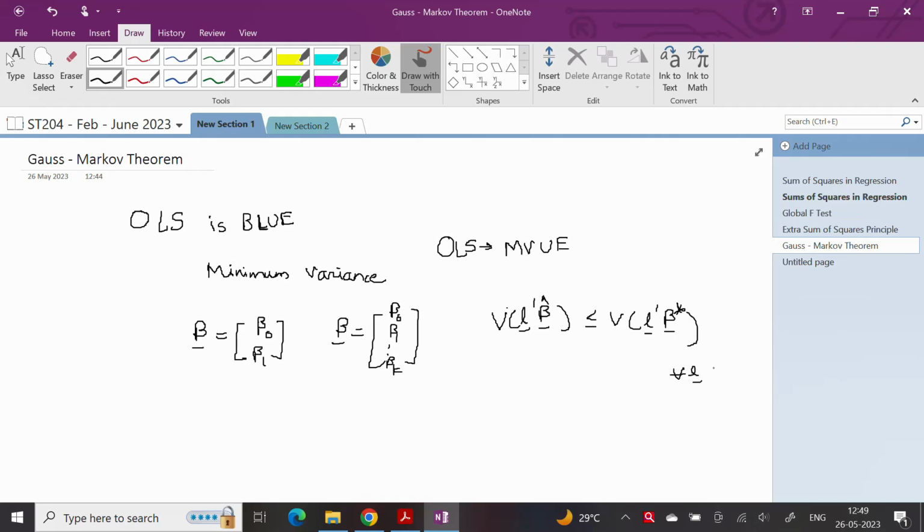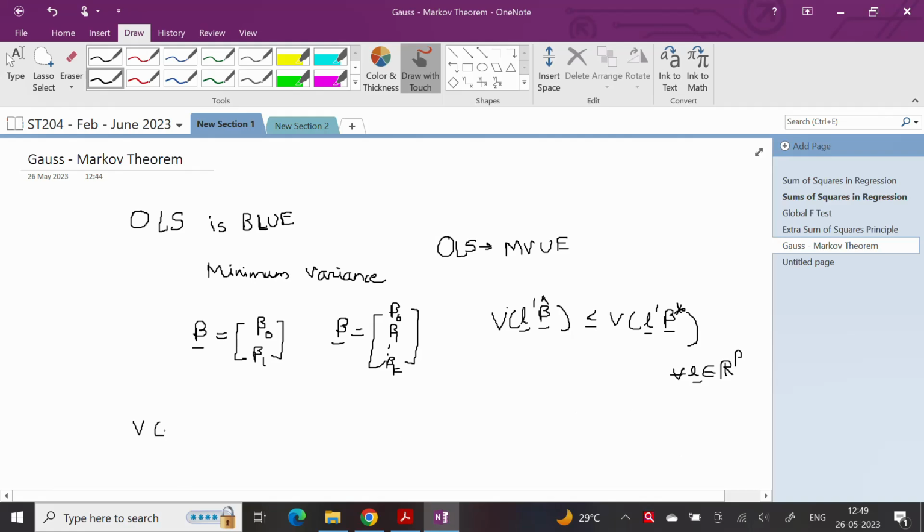And this should happen for every L in R^p. So if I consider any linear combination of my OLS estimate, then variance of that linear combination should be smaller than variance of the similar linear combination computed with other estimate in place of beta hat. This is what we have to prove.